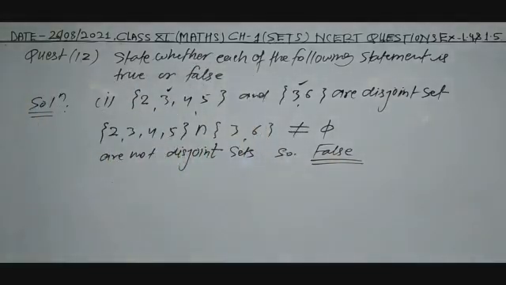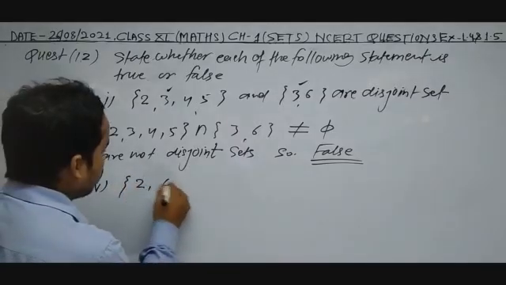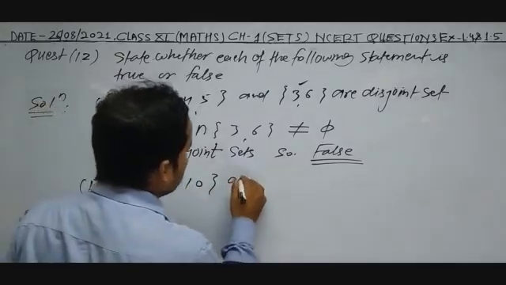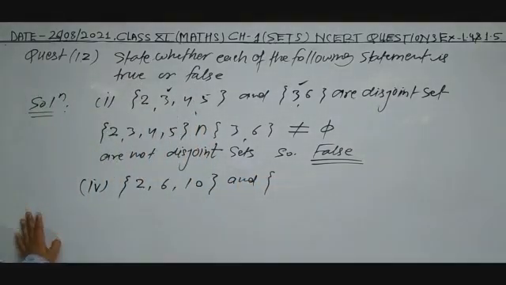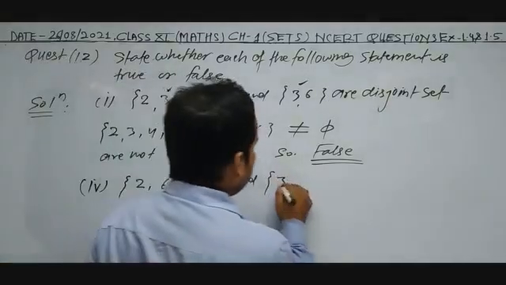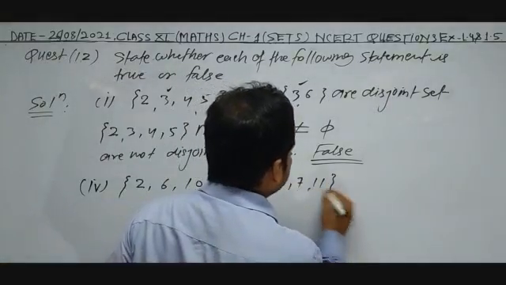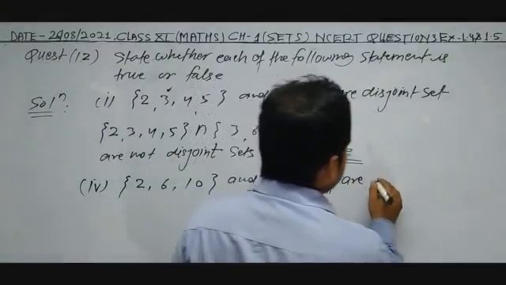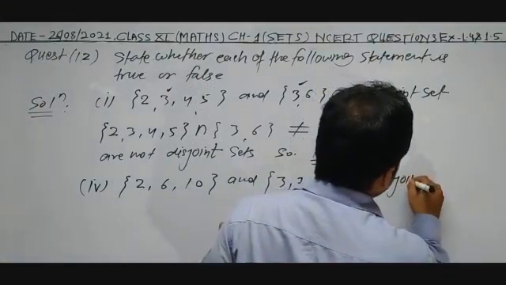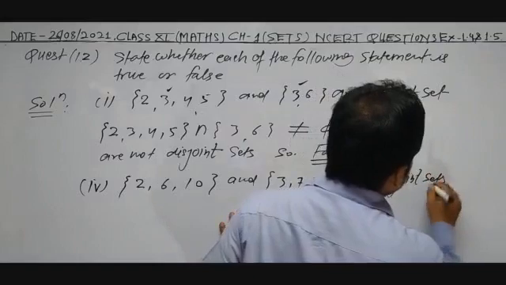Now come to the next part. Suppose I am going to solve the last one: 2, 6, 10 and 3, 7, 11 are disjoint sets.